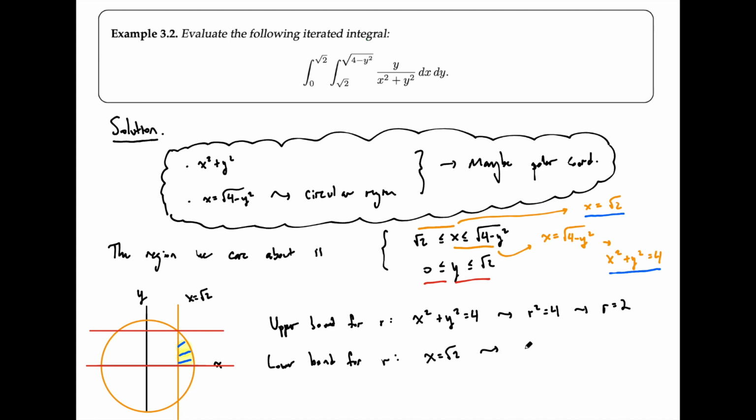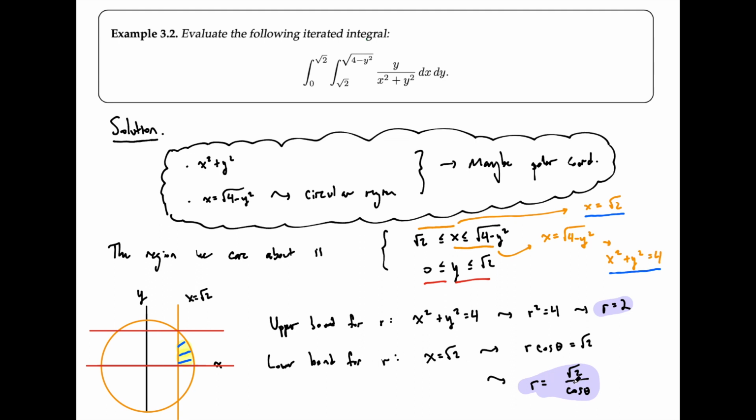Well, x is r cosine theta. So I get this equation, which looks a little weird, but just solve for r. And r is root 2 over cosine theta. That's the lower bound in this integral. So ultimately, once we set up the iterated integral, we have the r bounds.